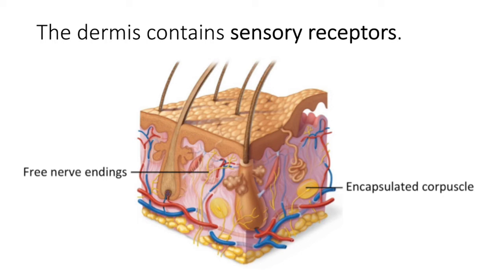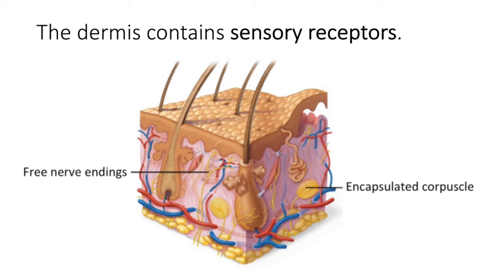The other type of receptors are called encapsulated corpuscles. They have a receptive end covered in layers of collagen, and that increases the receptive field. Examples of encapsulated corpuscles are the Meissner's corpuscle and the Pacinian corpuscle.